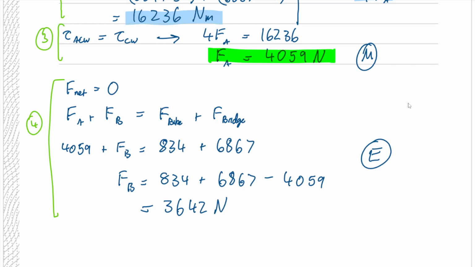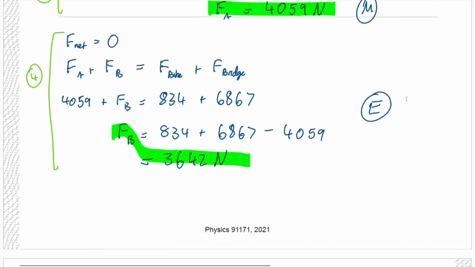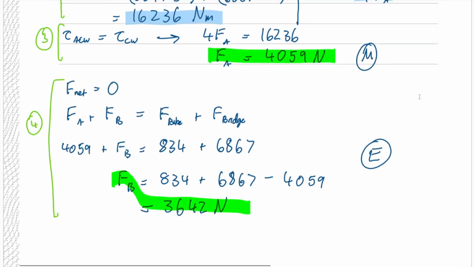So we said the vertical forces, FA plus FB, the upward forces equal the downward forces. Substituted in our values and solved for FB. Awesome. So at this stage, you got excellence.